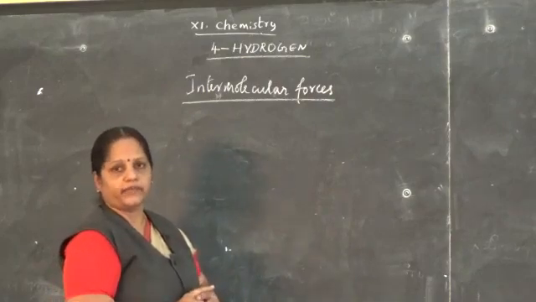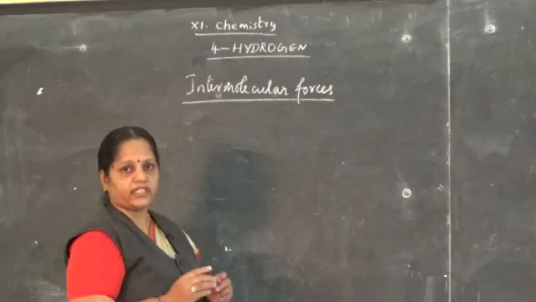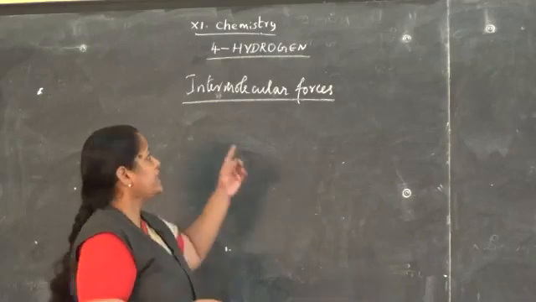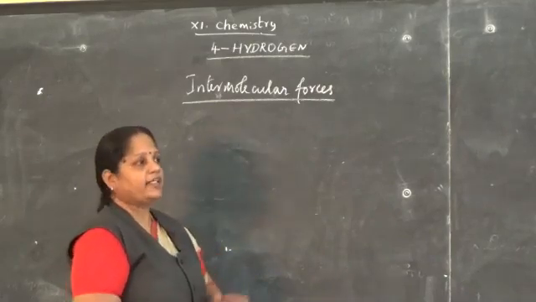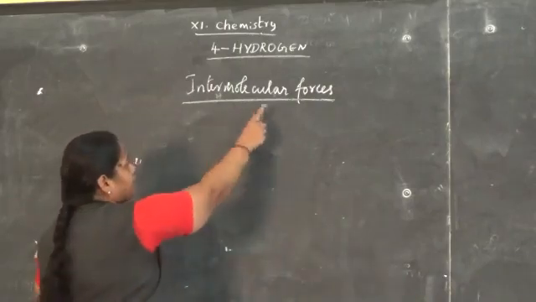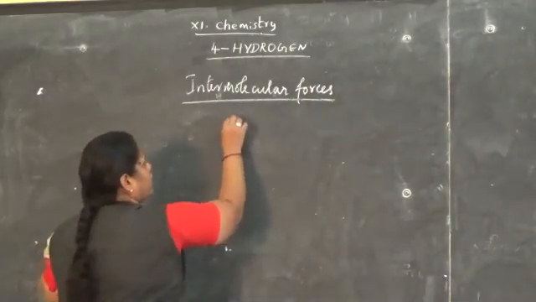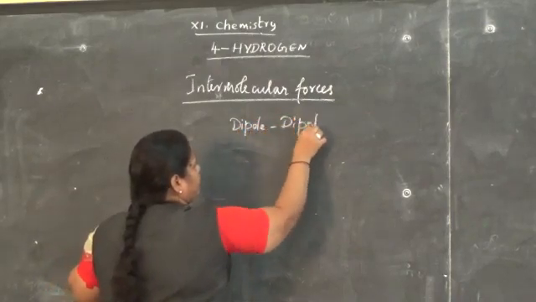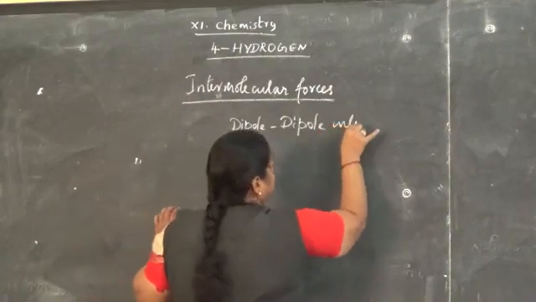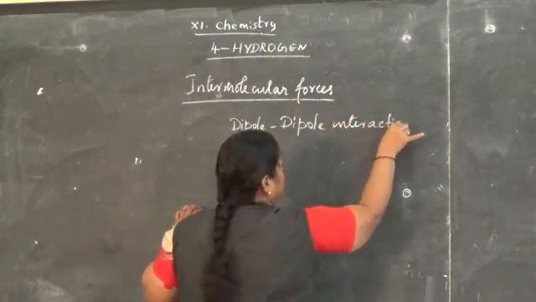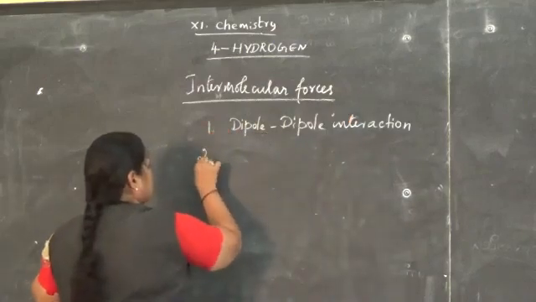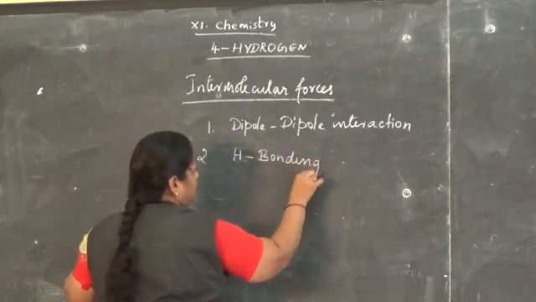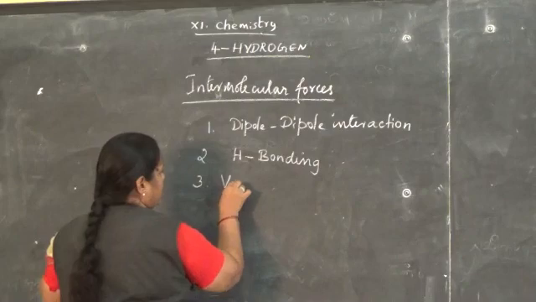This is one more question. What are intermolecular forces? The attractive interaction between the different molecules of a substance is called intermolecular forces. The three major types of intermolecular forces are dipole-dipole interaction, hydrogen bonding, and the third one is van der Waals force.